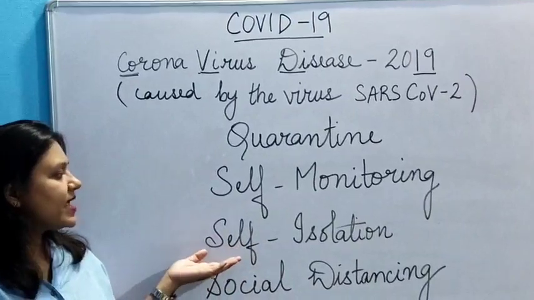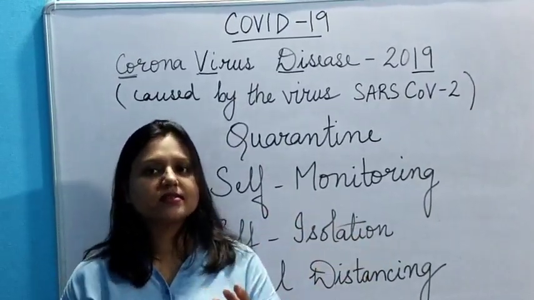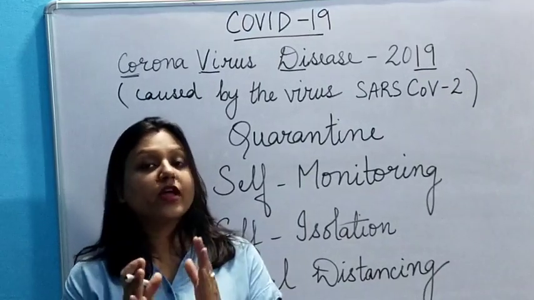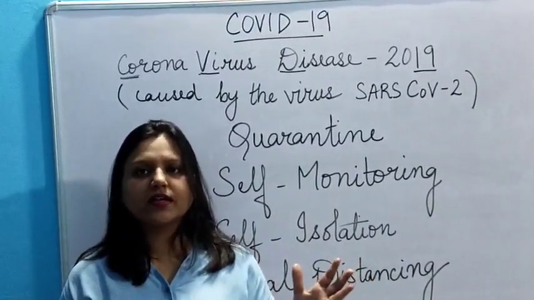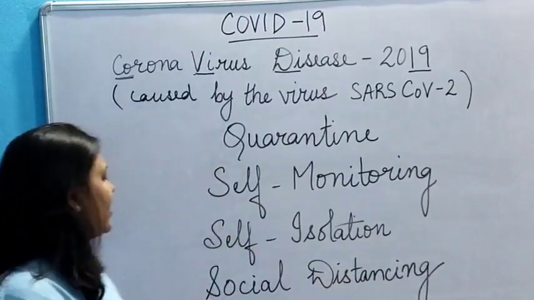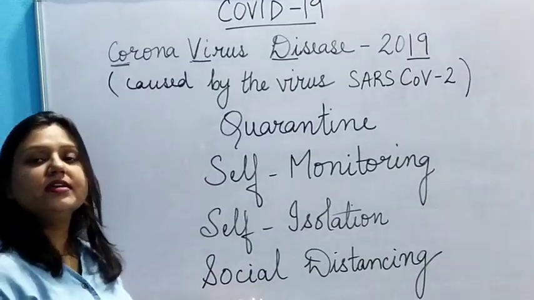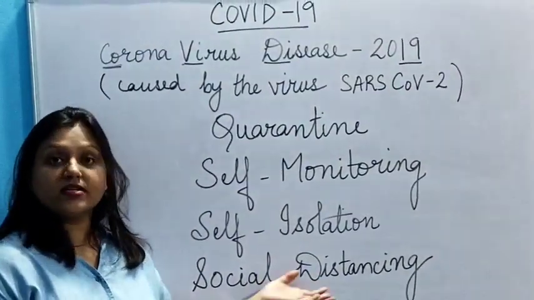Next is self-isolation. Self-isolation means staying home for at least 14 days, avoiding all contact with other people and watching for symptoms. And the last one is social distancing. Now, what is the meaning? What do we mean by social distancing?